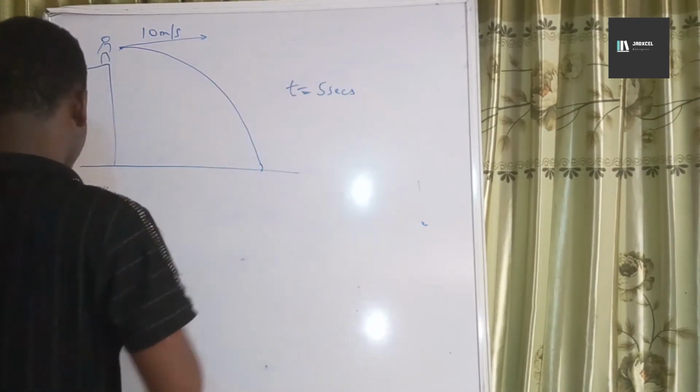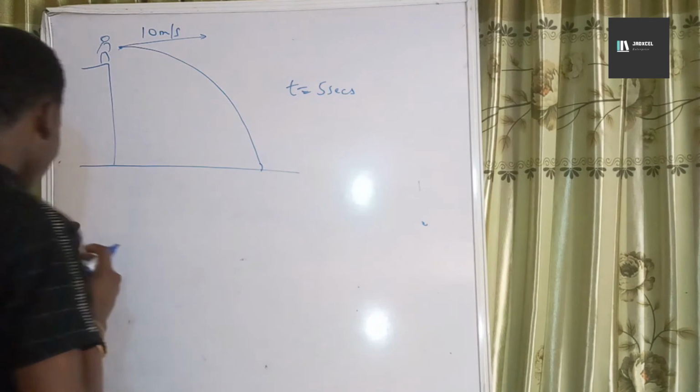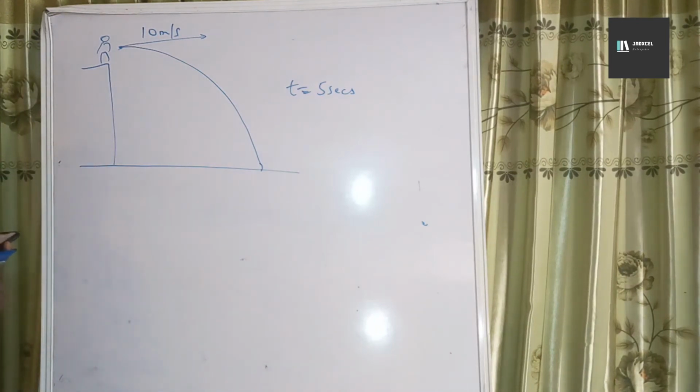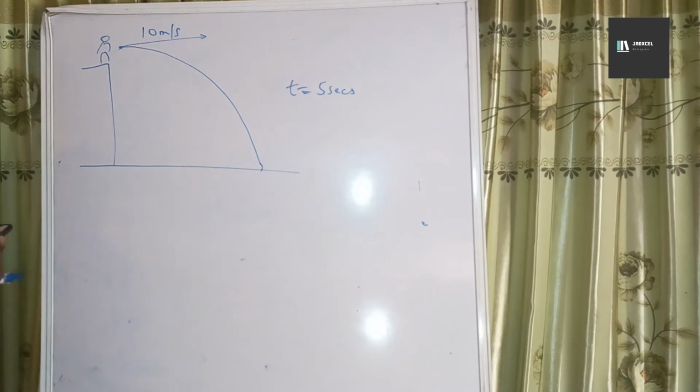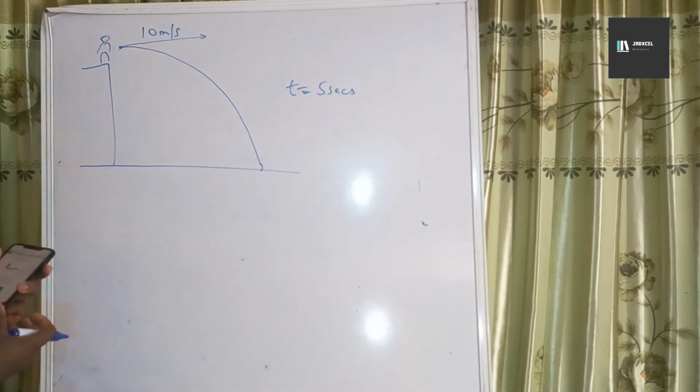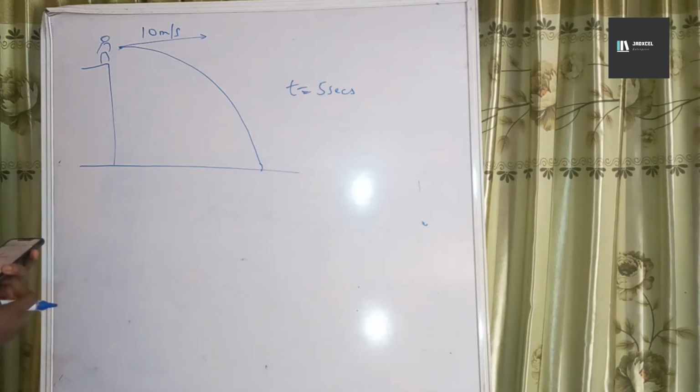Calculate the height at which the object is thrown and the y component, the vertical component, of the velocity after it hits the ground. So what they want us to give them is the vertical component of the velocity after it hits the ground. How do we go about that?